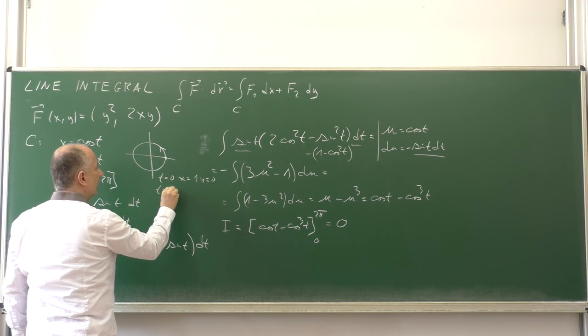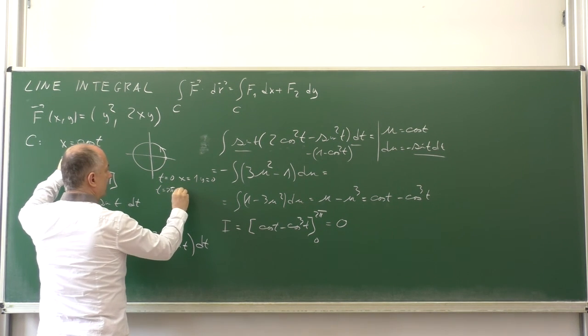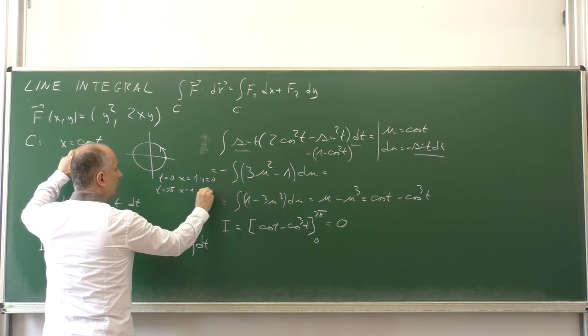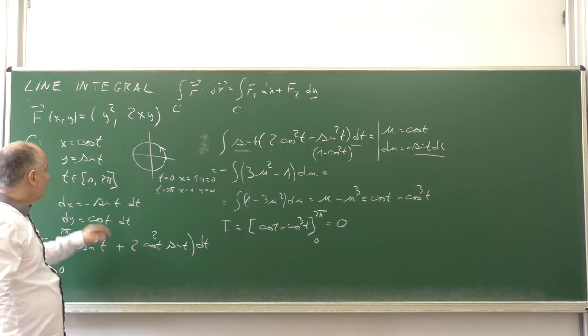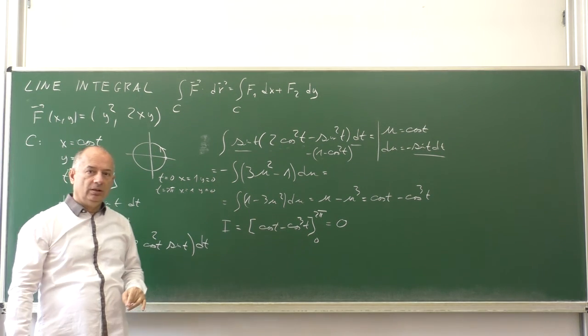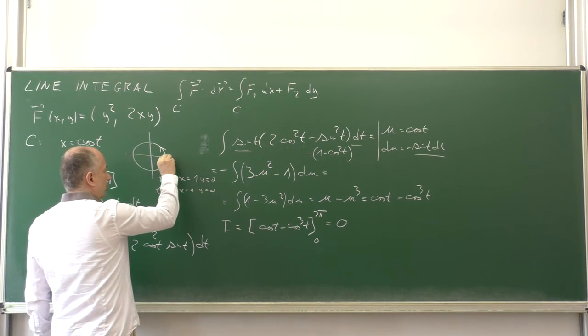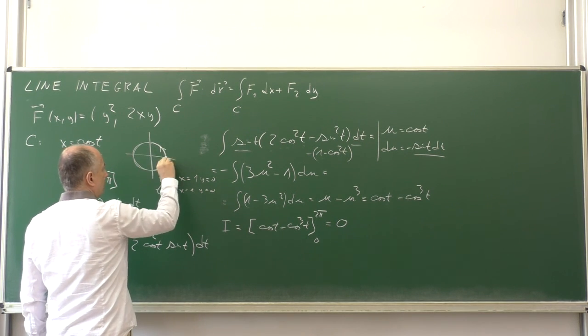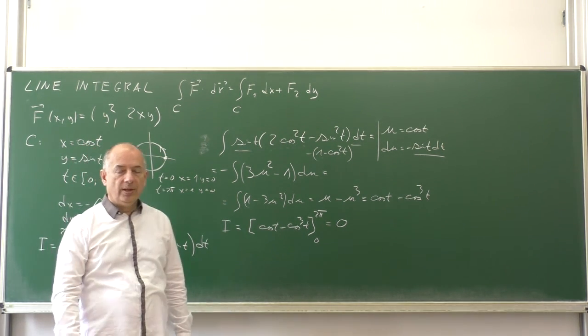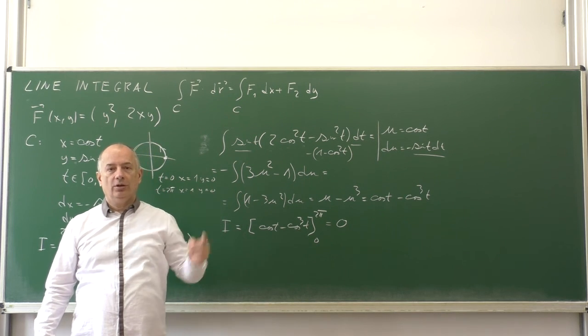And at 2 pi, again, x is 1, y is 0. So at the endpoints of the interval, the point of the curve is the same. The initial point coincides with the endpoint. Such a curve is called a closed curve.